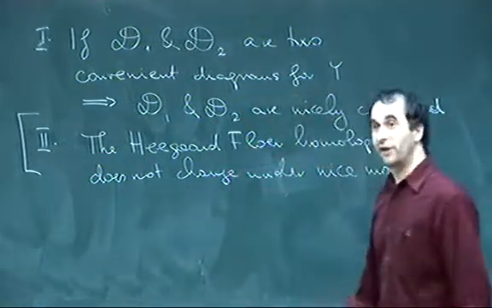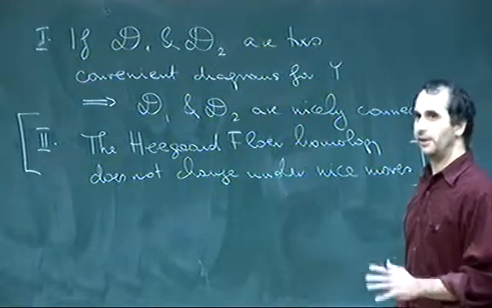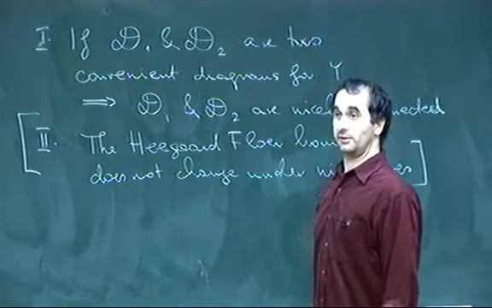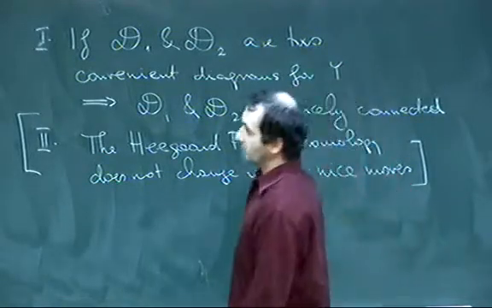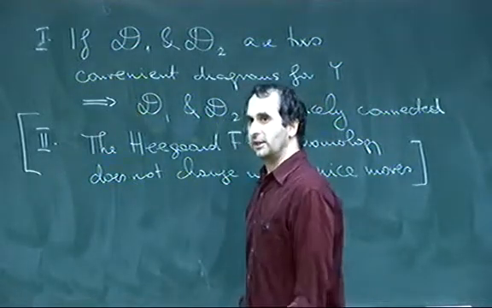Of course, I didn't define Heegaard Floer homology yet, but whatever we will do, it had better respect nice moves, and then we have a well-defined theory, right? So it sort of makes life a little easier because we have only 4 moves to check.